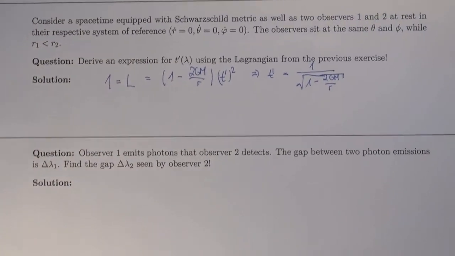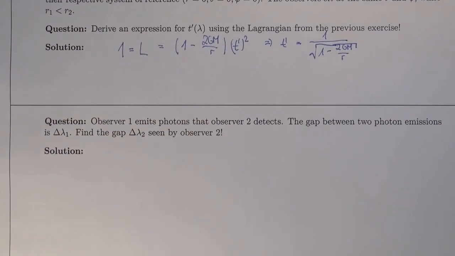Now observer 1 emits photons that observer 2 detects. The gap between 2 photon emissions is delta lambda 1. So what this means in physical terms is that observer 1 emits photons, and between 2 photon emissions you have the interval delta lambda 1 in eigentime.